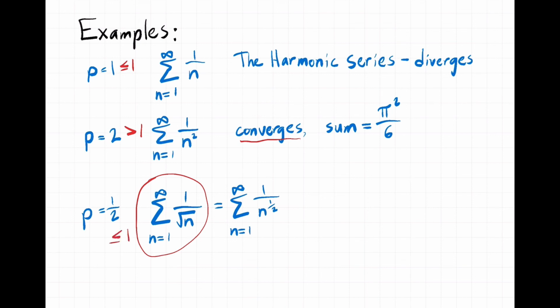What this is basically telling us is the denominator of the terms here is growing as n grows, but it's not growing very fast because the square root function doesn't grow very fast. And what that means is that your terms are shrinking as n grows, but they aren't shrinking fast enough. They're not shrinking fast enough to give us a finite sum. So, according to our theorem, this p-series diverges.